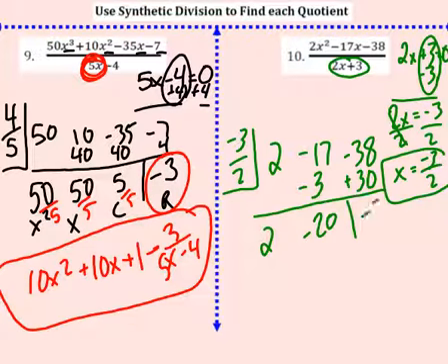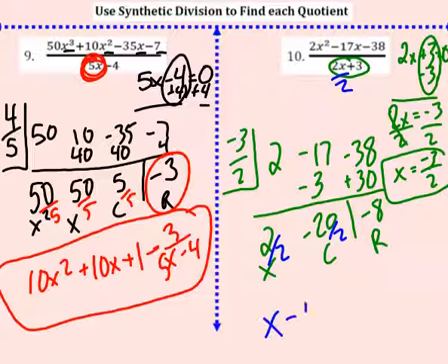So I get a negative 8 for a remainder. This is the constant. This is the x. Now don't forget, this one is the one where we got to divide by 2 because of 2x plus 3. So the best answer here to me is x minus 10 minus the remainder of 8 divided by 2x plus 3.